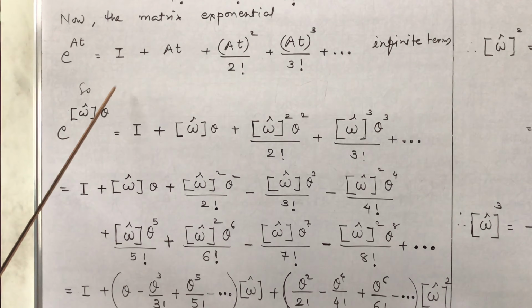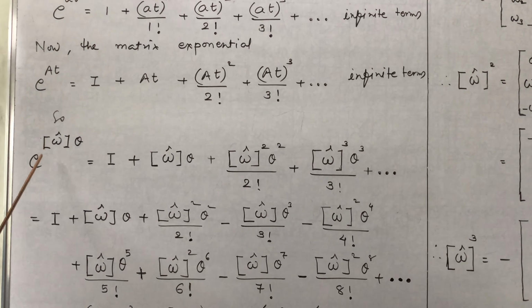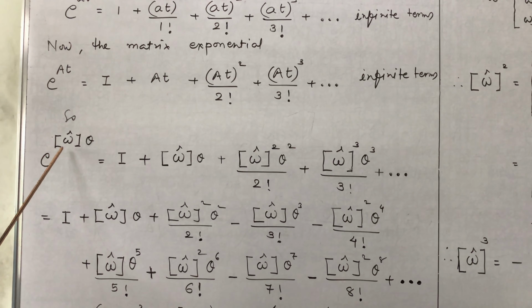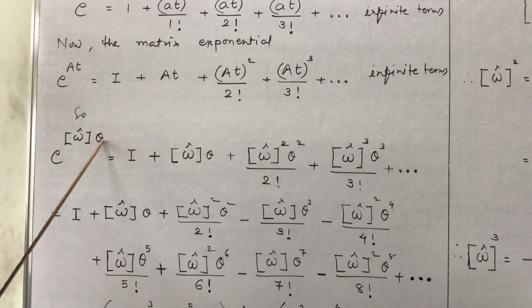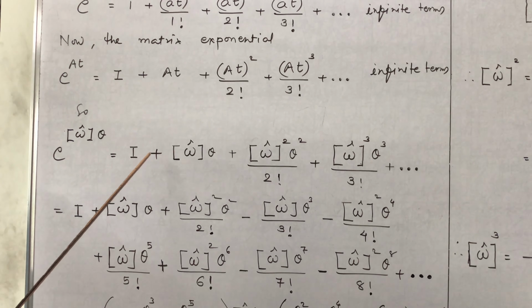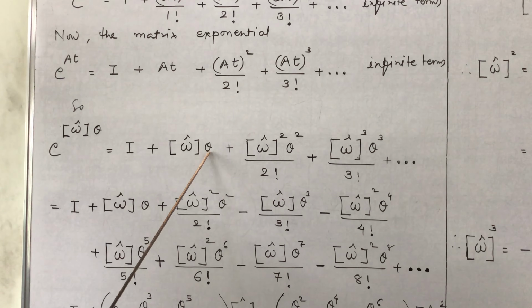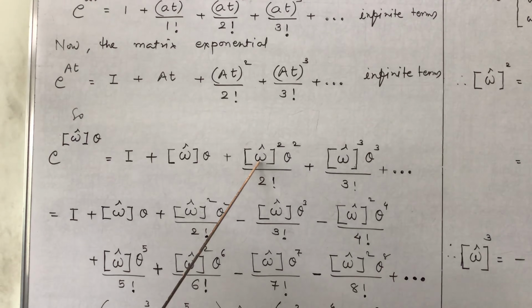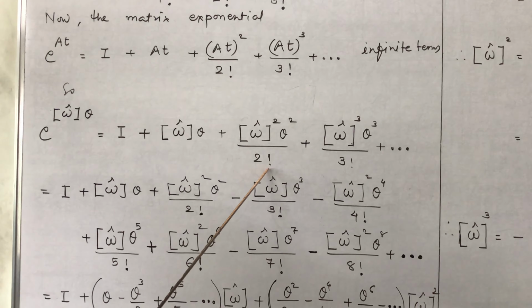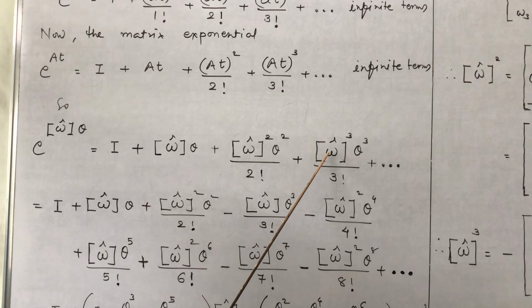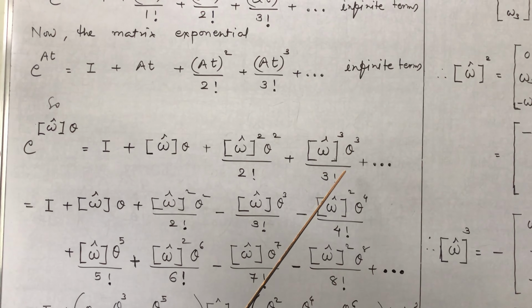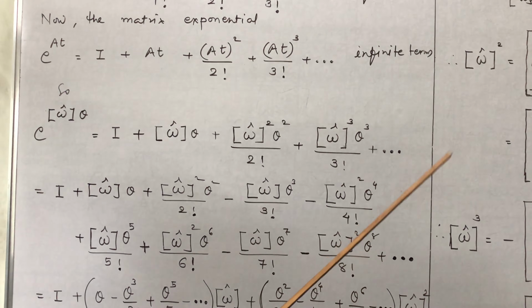So using this formula, e raised to skew symmetric omega cap into theta equals I plus skew symmetric omega cap theta plus skew symmetric omega cap square theta square by 2 factorial plus skew symmetric omega cap cube theta cube by 3 factorial and so on, infinite terms.